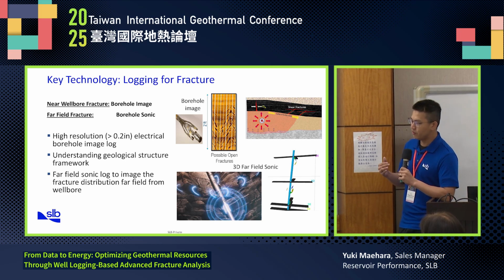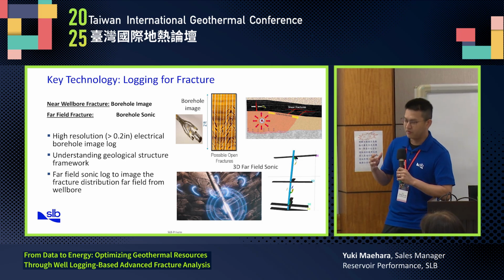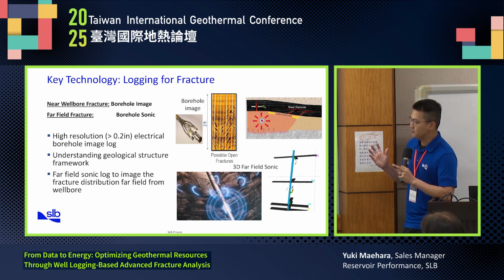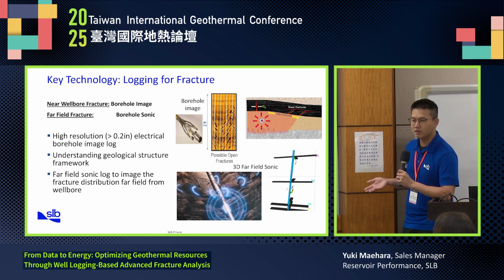Sometimes you have a big washout, or the hole shape is rough, so it's a good technology to run in the geothermal wells in Taiwan. Aside from that, we have the Sonic Scanner, which is an advanced dipole.